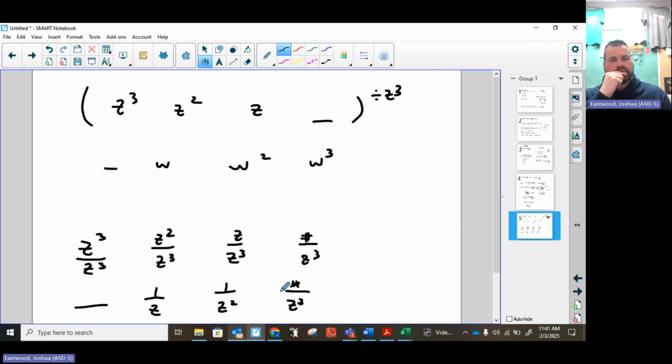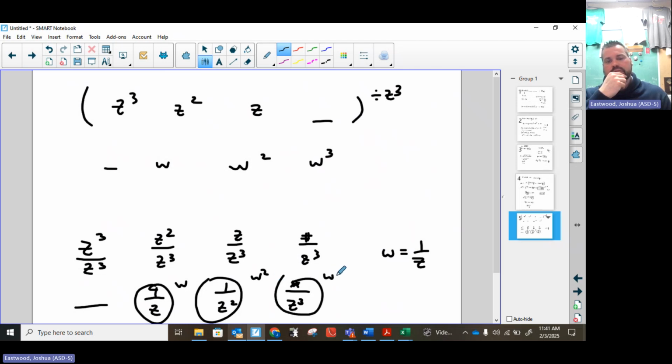So you'll notice what essentially has happened is that now I have all the powers, but they're negative. So if I let W be 1 over Z, then this becomes W, this becomes W squared, and this becomes W cubed. So all we're doing is flipping them. So that's the transformation.